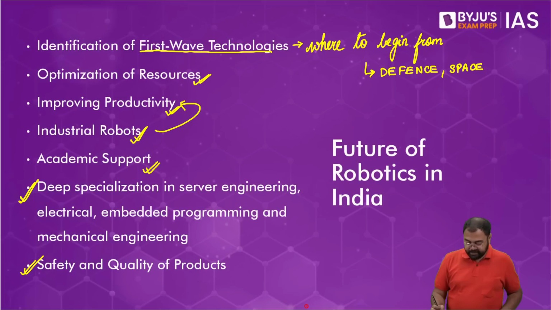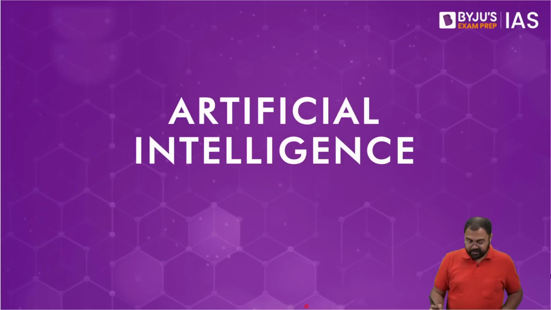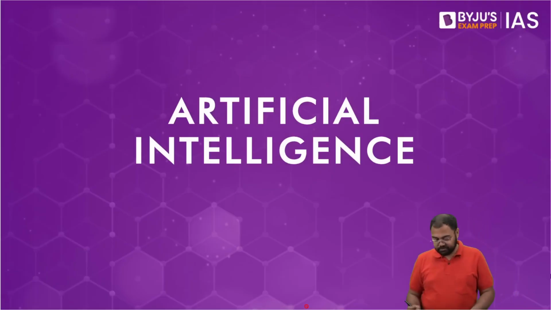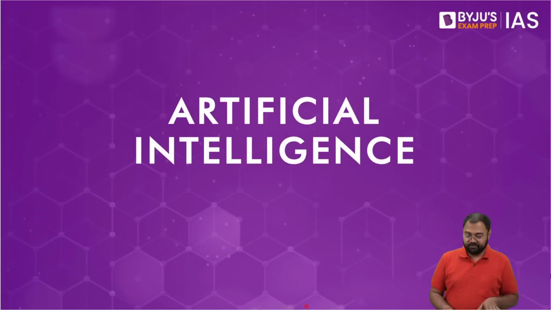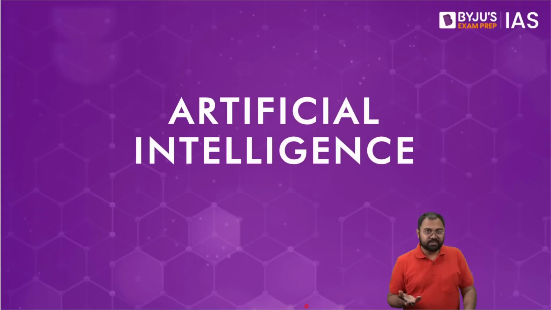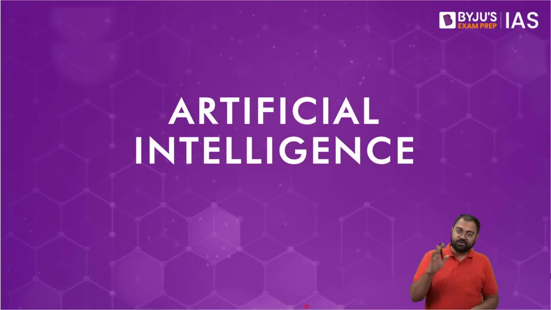So a small chapter, not a lot to read, because there aren't a lot of developments that have happened in the field of robotics. But the next chapter is really going to be very, very important. And this is the chapter of artificial intelligence, something that hasn't been mentioned anywhere in your syllabus, neither in your prelims syllabus nor in your mains syllabus, but questions have come and questions will keep coming from here.